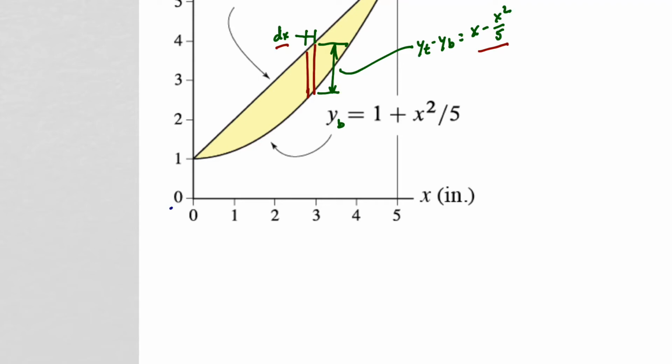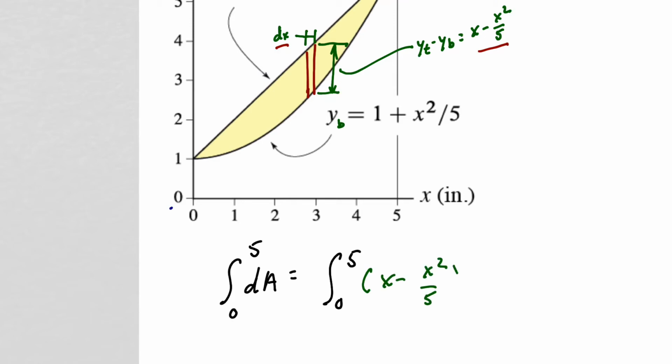So my integral of dA from 0 to 5, my little element dA, is my height, which is x minus x squared over 5, dx.